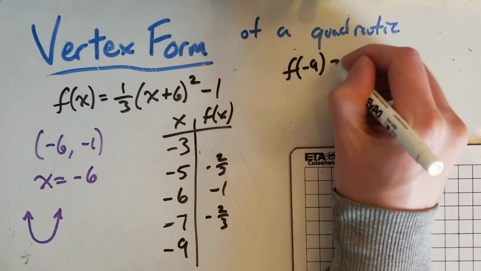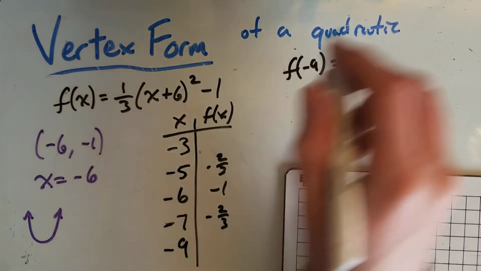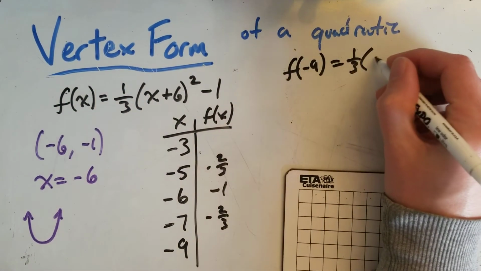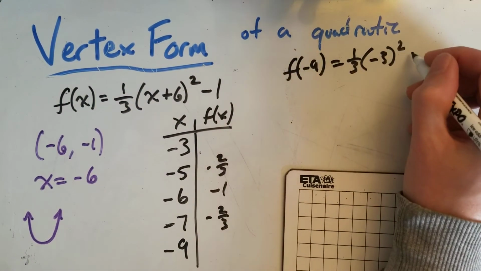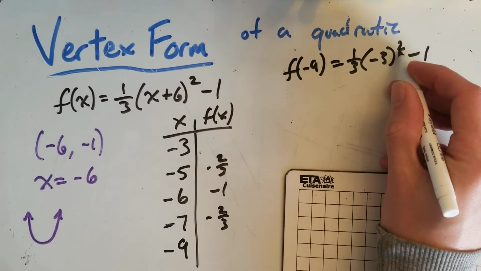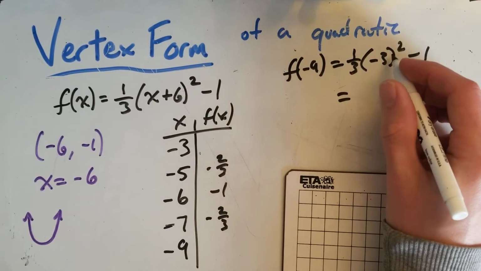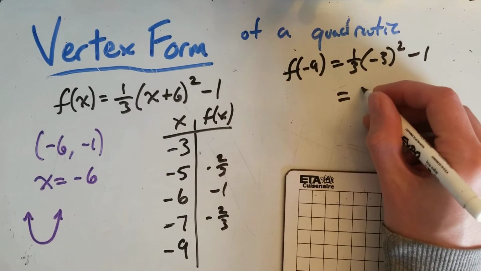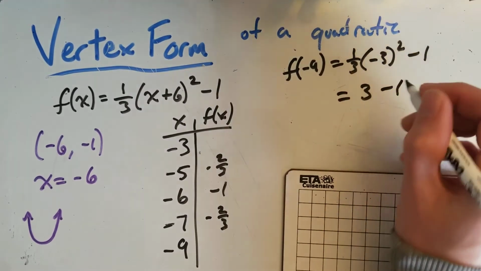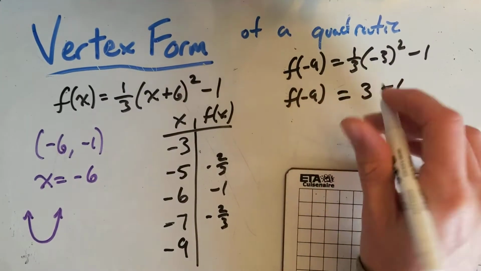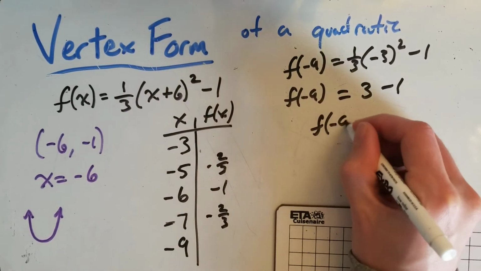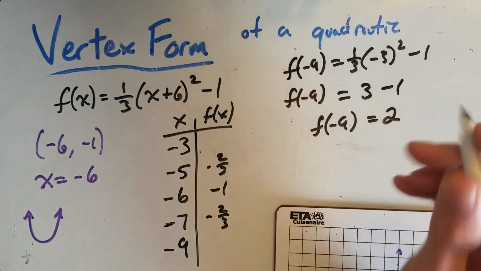So f of -9, when you put -9 in here, you end up with 1/3 times -3 squared minus 1. -3 squared is 9, times 1/3 is going to give you 3, minus 1. So f of -9 is going to equal 2.